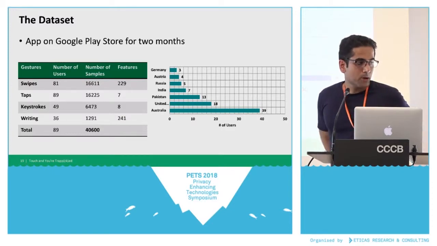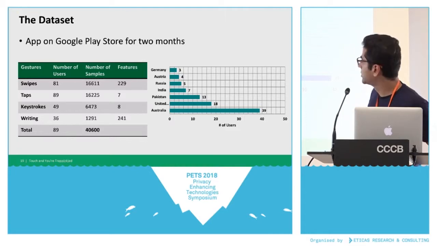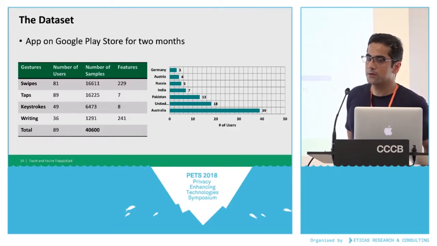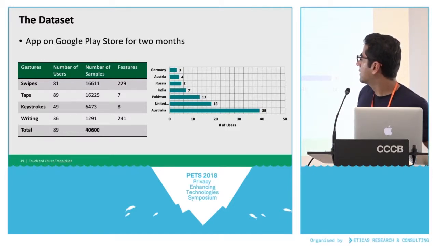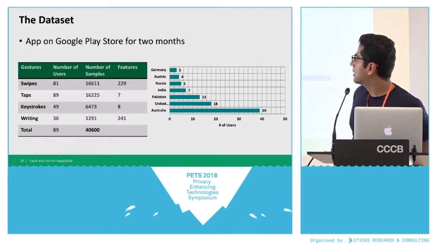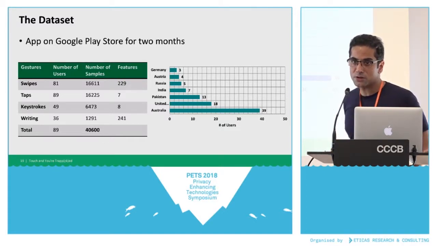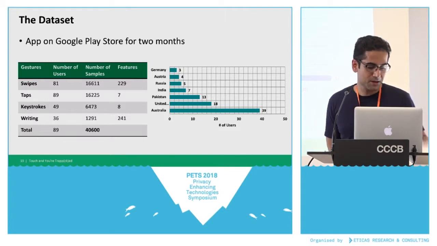So we actually uploaded this app on Google Play Store and were able to collect data from about 89 users and more than 40,000 samples. As you can see, the samples are not uniform across multiple gesture types, and that's probably because of which games were more entertaining and which games were not that entertaining.